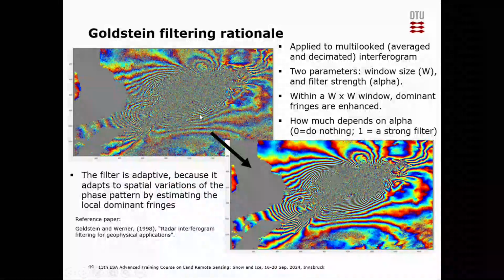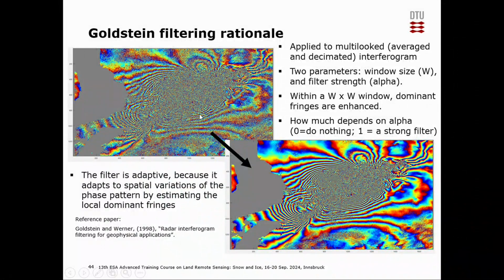If I look at this area, I can see there are some underlying fringes buried in noise. My eye enhances those fringes and makes me see them. The computer is even better at that. So here it gets rid of the noise and gives a boost to the dominant fringe patterns locally. We don't go into the details of this. You can read the reference papers if you are interested.